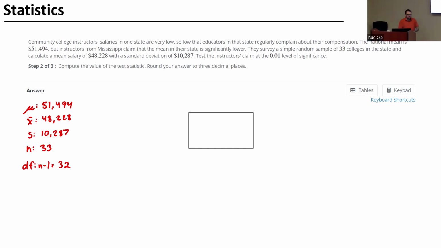And now we have enough information to start finding our test statistic. So we have our t equal to our x bar minus the population mean, divided by the sample standard deviation over the square root of n. Thank goodness for calculators, because you got some kind of big numbers here.